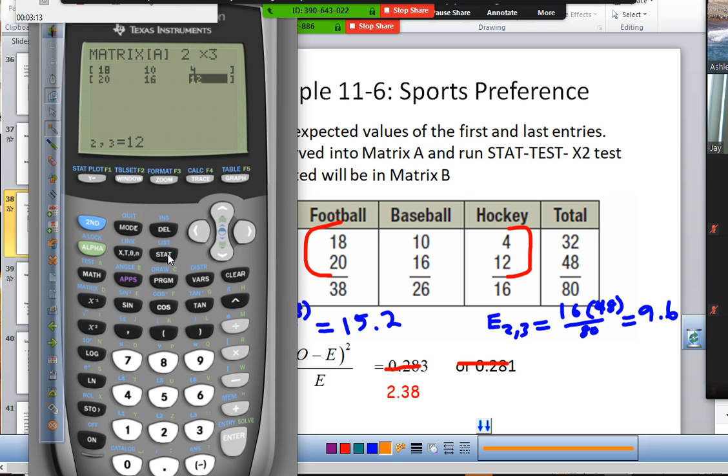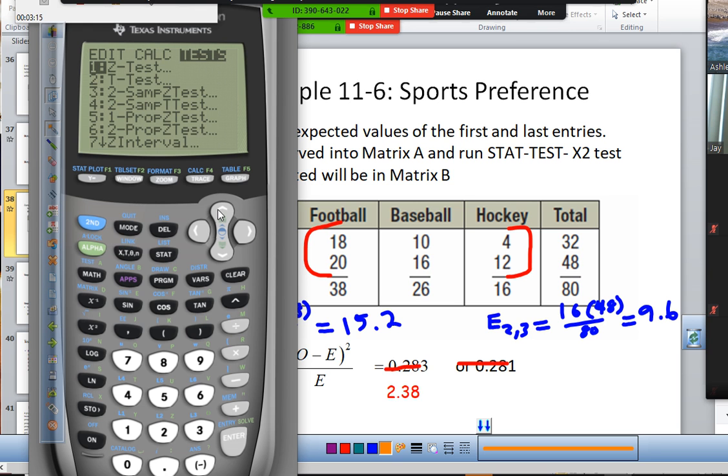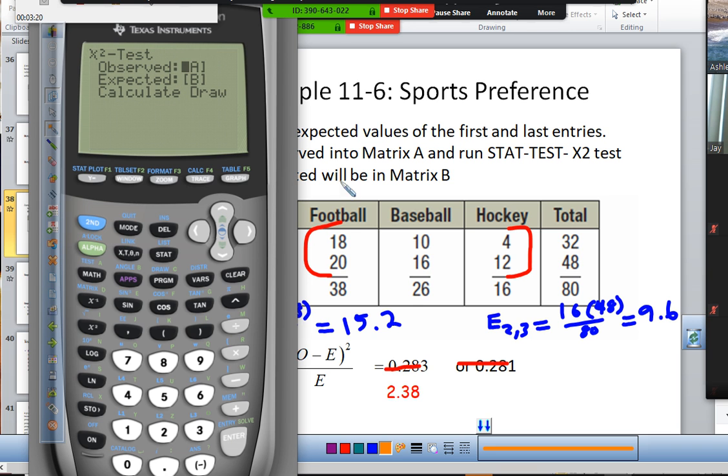And then you did stat tests up to chi-squared tests, and observed is in A, expected is in B, calculate, boom, there you go. So then you have your chi-squared is 2.38, 2.39. And then my p-value is 0.303. That's totally likely, so I'm definitely not going to reject H naught. My degrees of freedom is 2 in case you had trouble with that one.